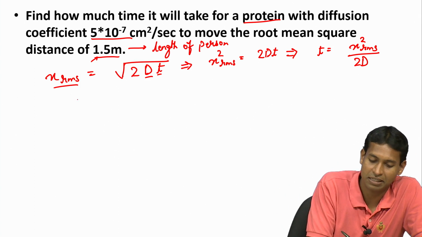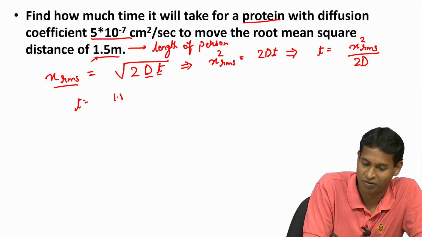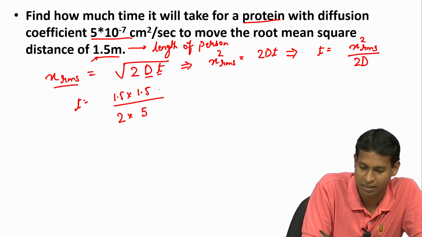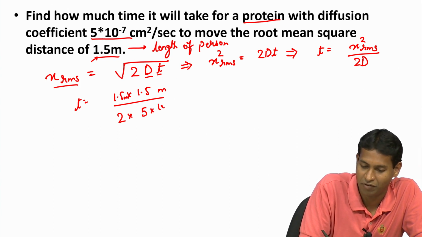So now if I solve this, we will get t is equal to x square, which is 1.5 divided by 2, and this is obviously meter and meter, divided by 2 multiplied by 5 10 to the power minus 7 centimeter square by second.